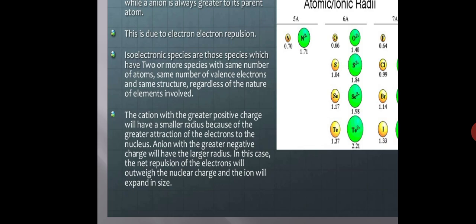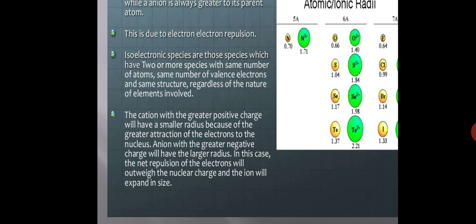Isoelectronic species. So what are isoelectronic species? The name itself, isoelectronic, means equal number of electrons. So if two species, whether positively charged or negatively charged or atoms, anything it can be.